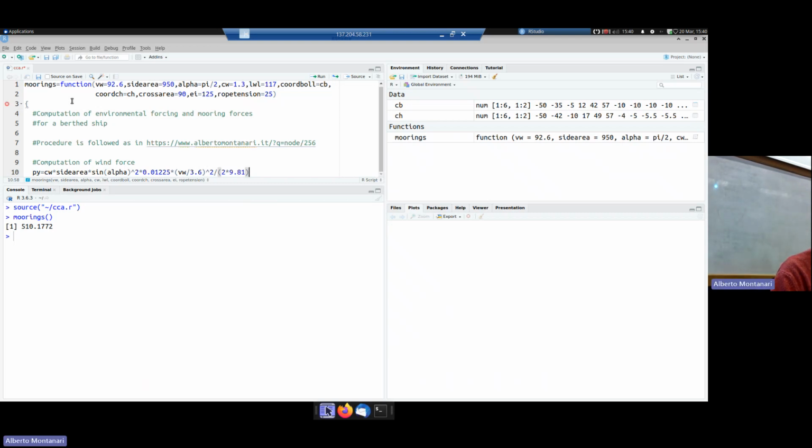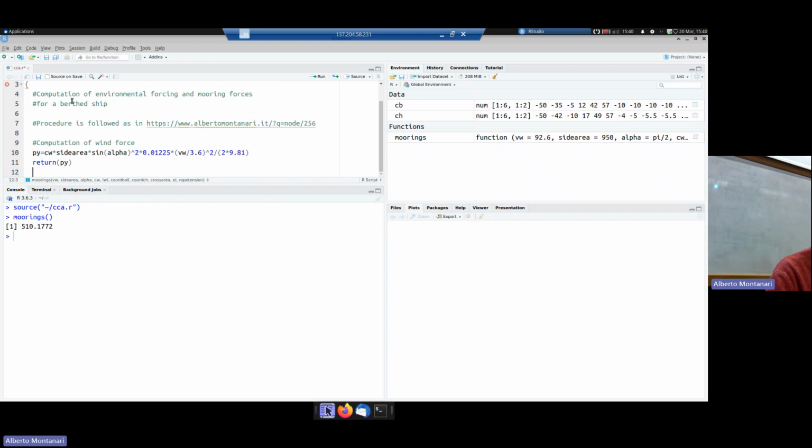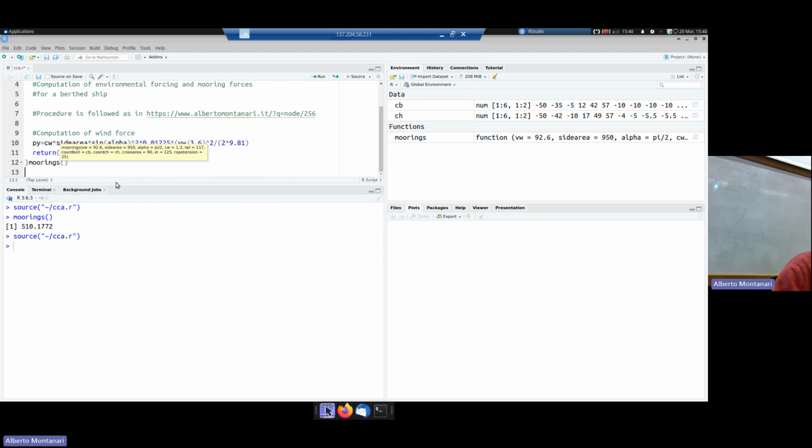The only thing that I need to add is return PY and the curly bracket to close. Good. And then I can source it and then make moorings. Sorry, I need to make moorings in the console, not here. Moorings.